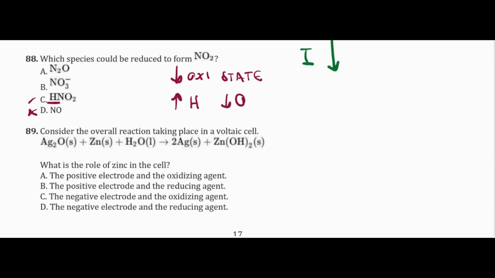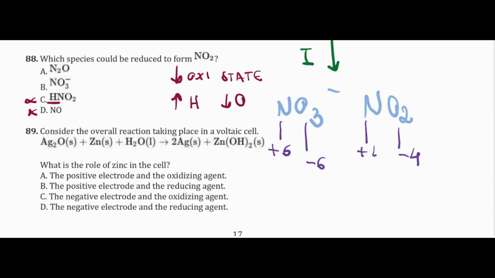If we add hydrogen here, again, we won't be able to get to NO2. Looking at B, we have NO3 minus, so that's minus 6 plus 5. And in our case, we have NO2 with minus 4 and plus 4. So from plus 5 to plus 4, that's a reduction. So that works out. That will be NO3 minus.